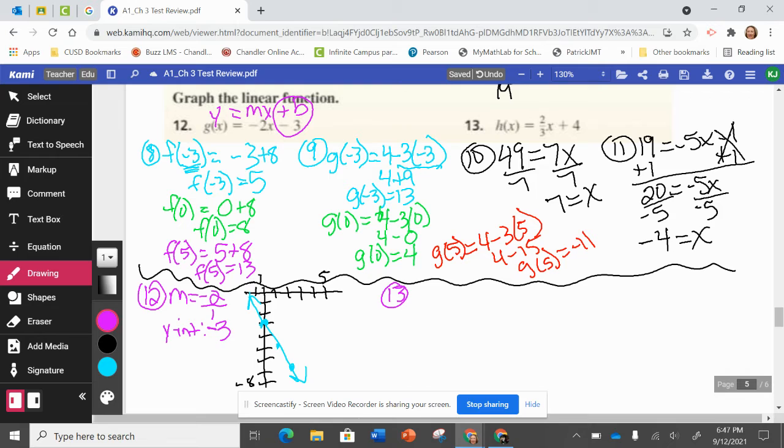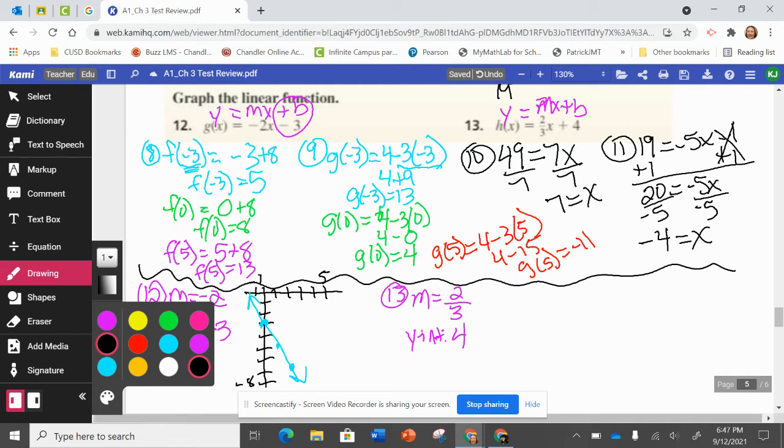13 is the same thing. We have it in slope-intercept form. Remember, h of x and y are the same thing, so y equals mx plus b. That means that m is 2/3, and our y-intercept is positive 4.